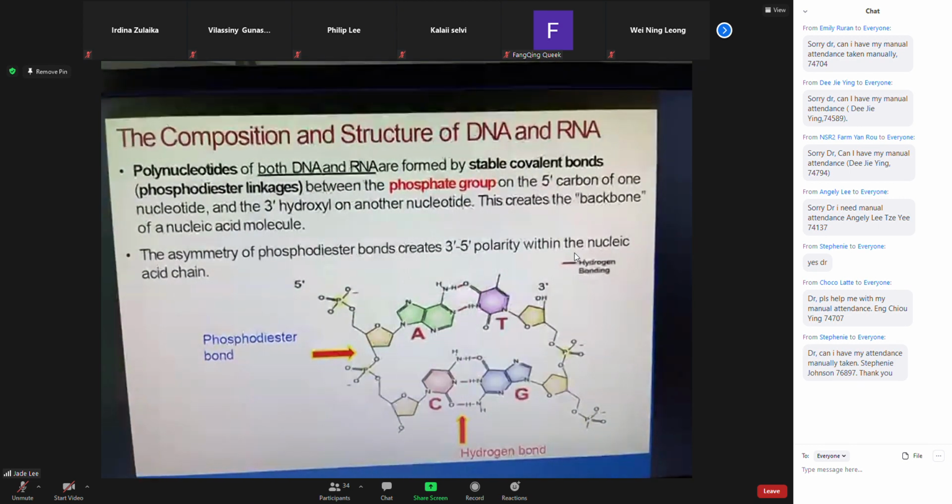So you can see the nucleic acid is a double helix, and one strand runs from 5' to 3', the other from 3' to 5'. When they are coiled together, they are very stable, and they form a very strong phosphodiester linkage.